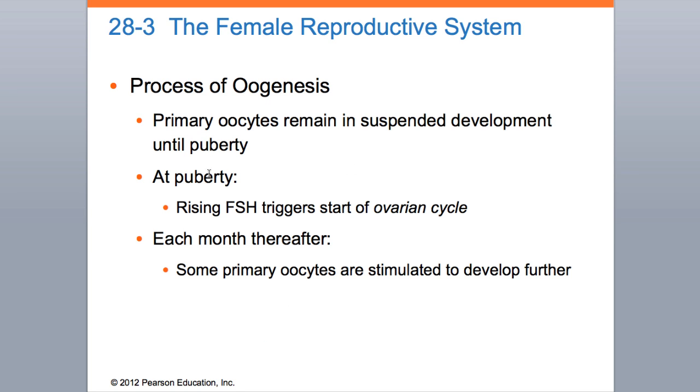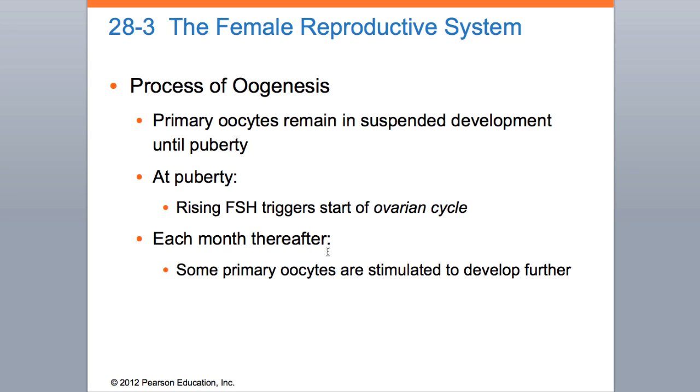At puberty, it's the rising FSH that triggers the ovarian cycle. Now, FSH is going to cause this every month. Matter of fact, it says it right there, each month. So FSH is going to stimulate the follicle, hence the name, follicle stimulating hormone, FSH.